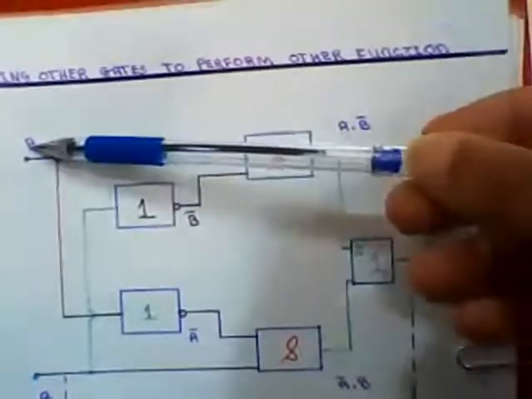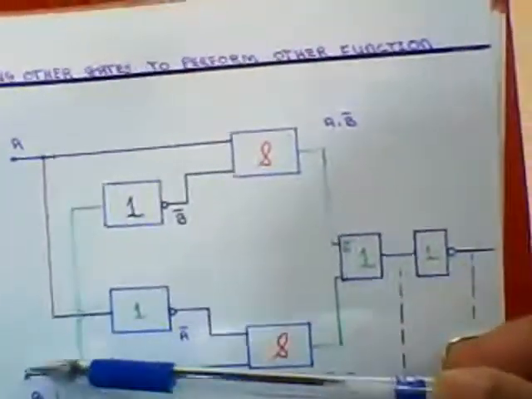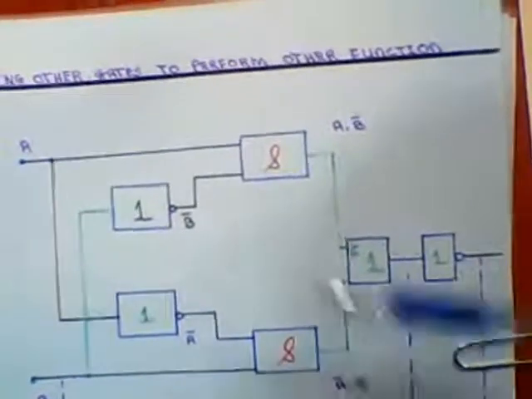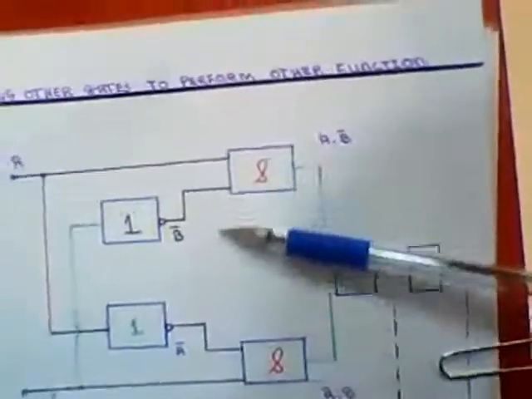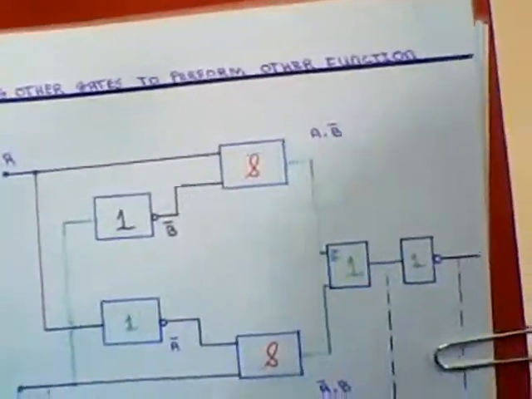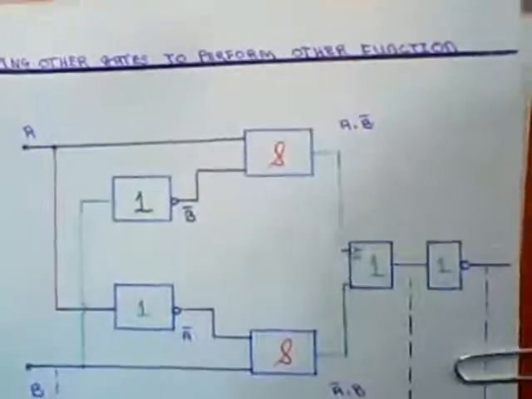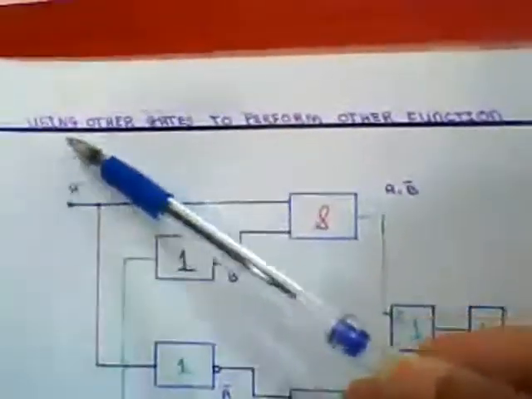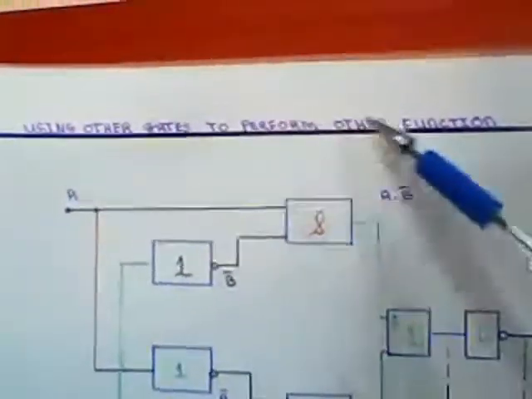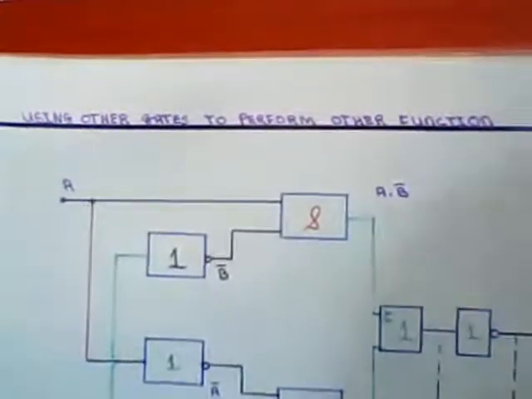And again here, input A, input B. These will be your inputs. Now there's a truth table created for this somewhere along the lines, and I believe I may have it on the next slide. But bear in mind, look at how the gates are set out. And this is using other gates to perform other functions. Okay.